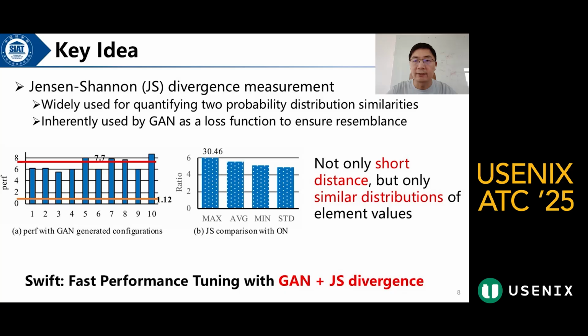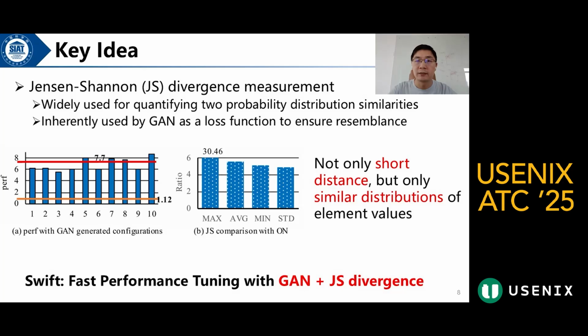On the other hand, it happens to be inherently used by GAN as a loss function to ensure resemblance of input images. Although our work focuses on one-dimensional configuration vectors rather than images, we adapted this principle to our domain, where training GANs is simple as well as fast.